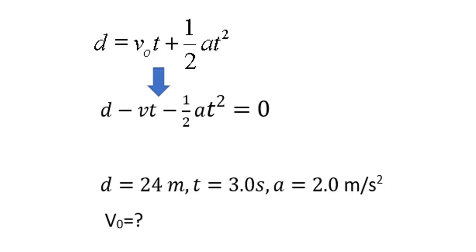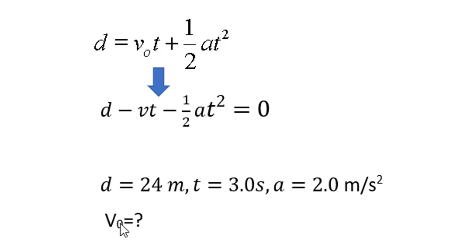Basically, the equation solver is so powerful for science. For example, in physics, we have this displacement formula. You are given displacement d is 24 meters, time is 3 seconds, acceleration is 2 meters per second squared.